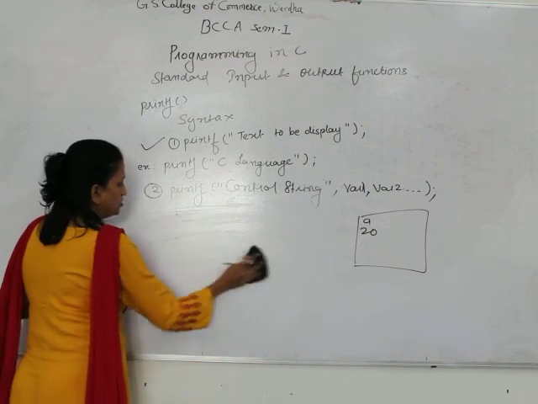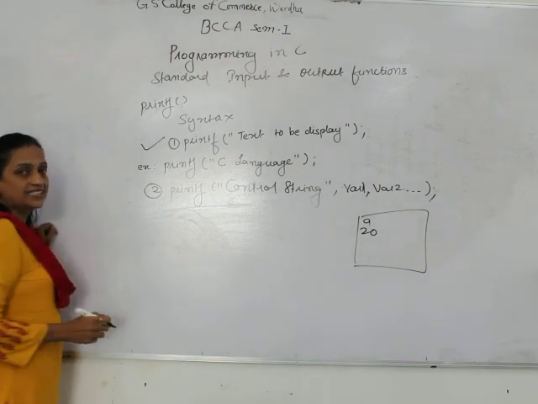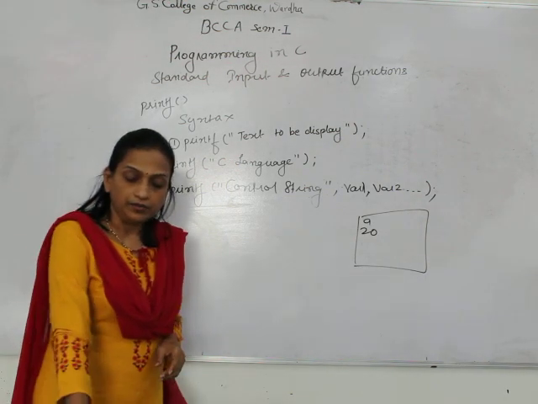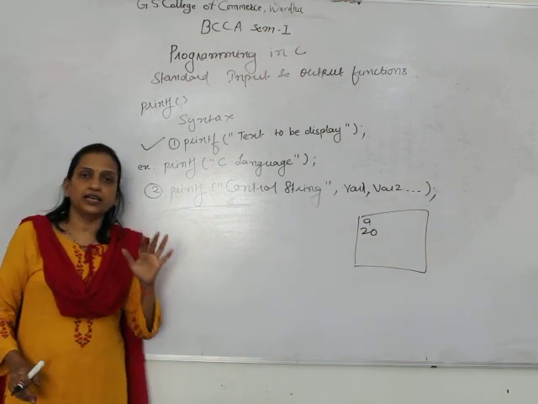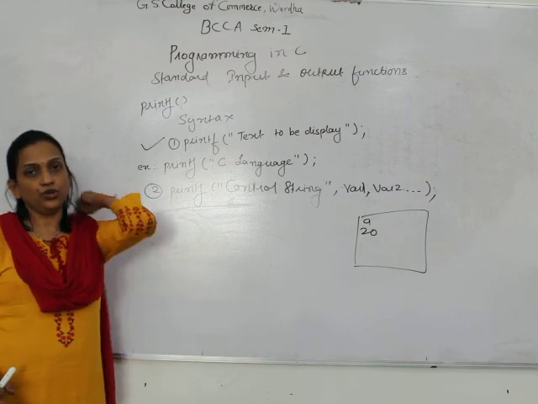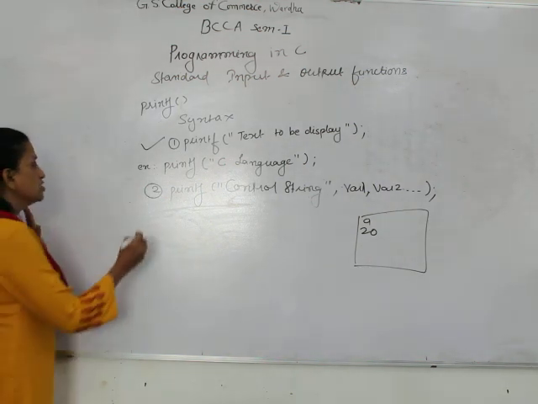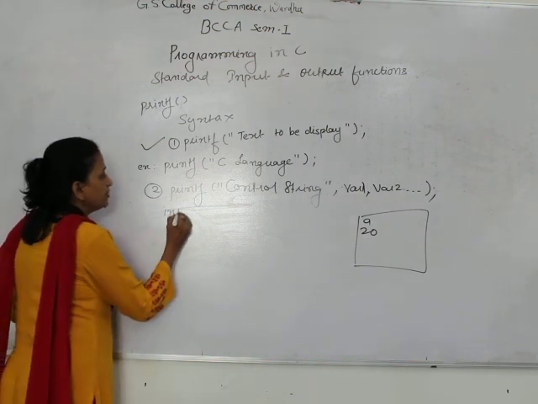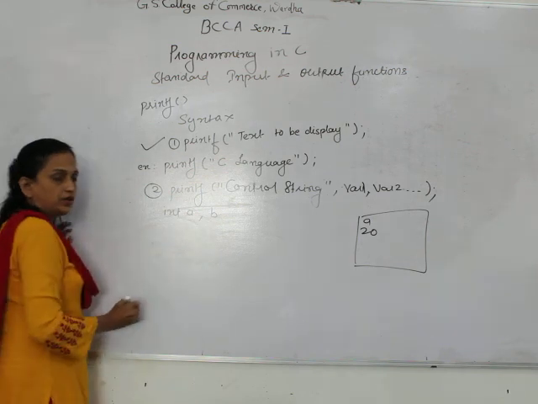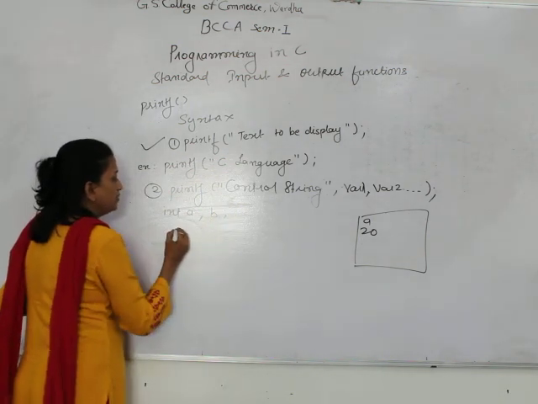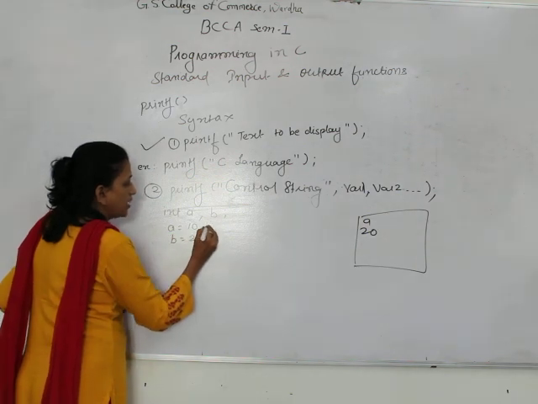Okay, now let's take an example to understand all these format specifications. Now see, in a C program, as I told you, you should declare the variable before you are going to use it in your program. The first statement is declaration. Suppose you declare the variables A and B, and you assign the values, that is A is equal to 10 and B is equal to 20.